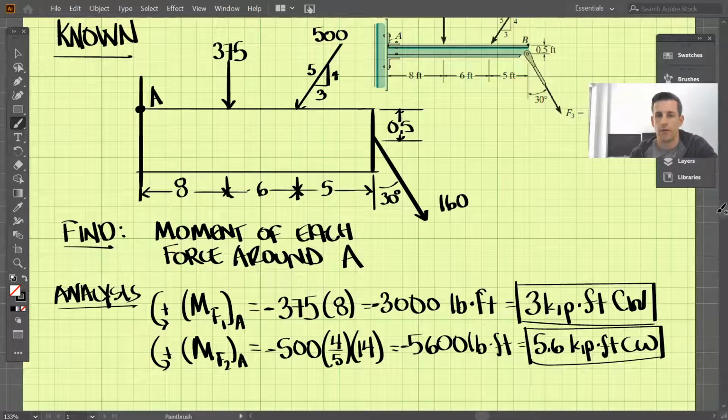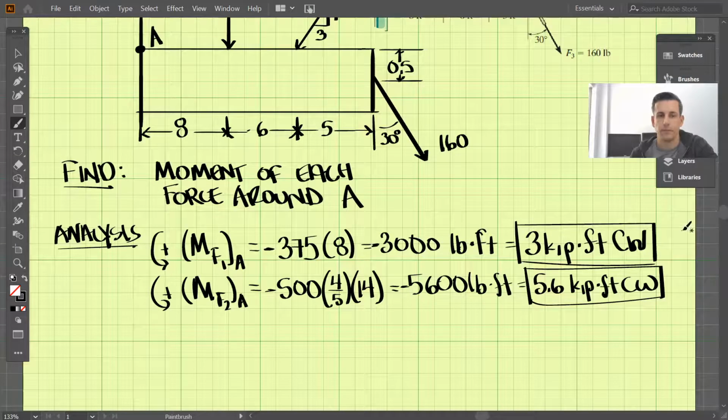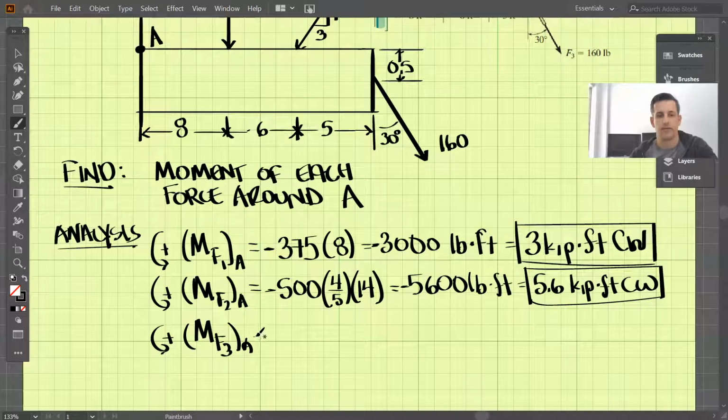And then for our third, we would do the moment that F3 creates around point A. Again, we'll have the positive sign convention going this way. The vertical component here is going to want to create a clockwise rotation around A, so that is negative.